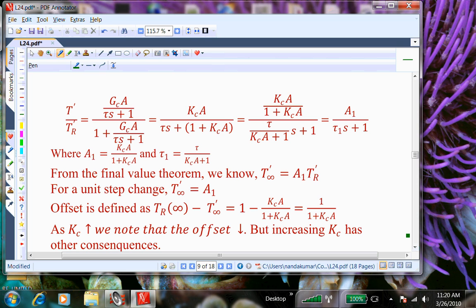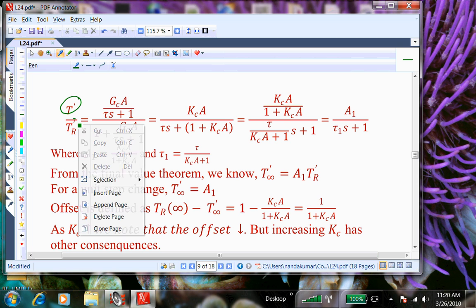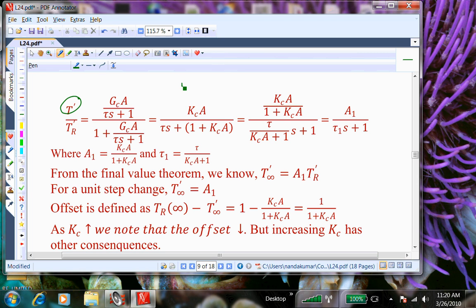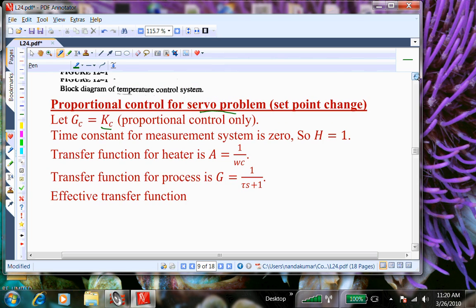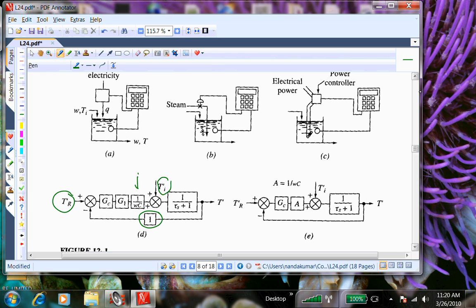Okay. So T prime divided by PR prime, the outlet temperature to a set point change. Okay, and that is going to be for that block given by Kc times A divided by tau S plus 1. This is the effective transfer function. Okay, because in the forward block you have GC, G1, I guess, and 1 over WC.